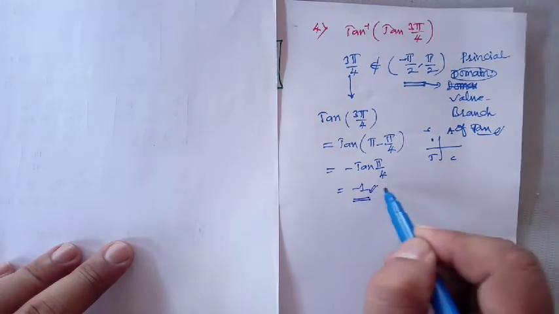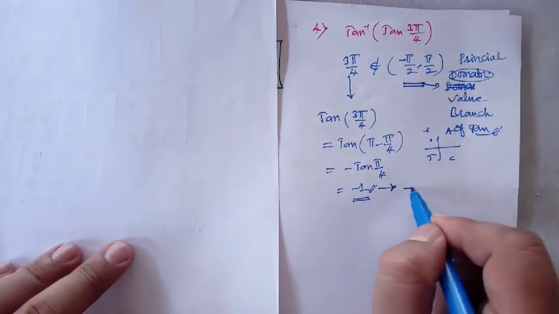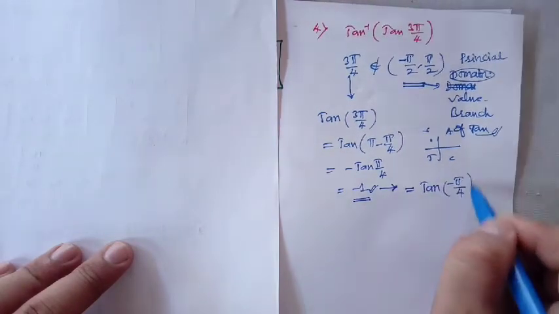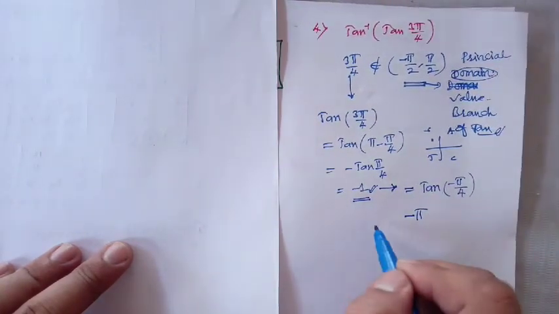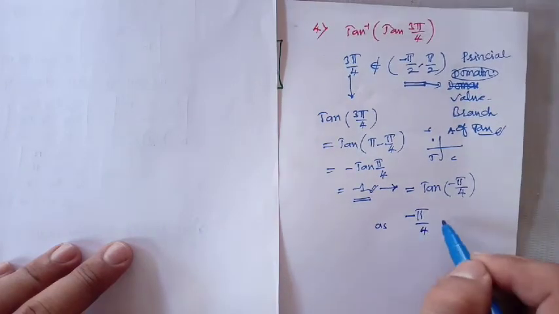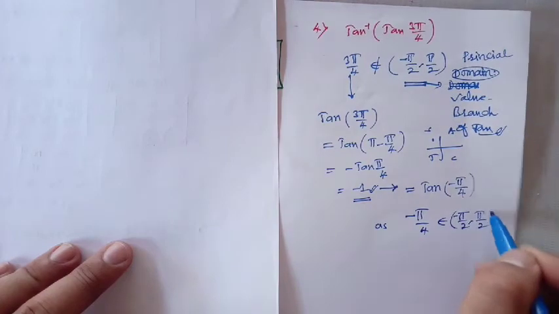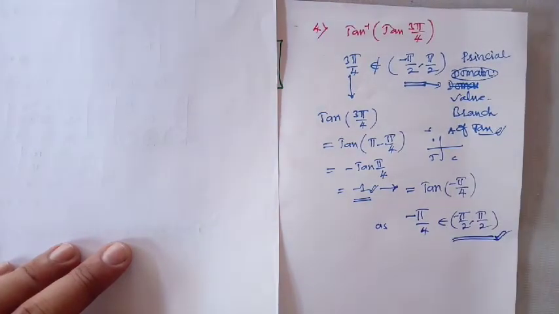This minus 1 value will be equivalent to tan of minus pi by 4, as minus pi by 4 belongs to minus pi by 2 to plus pi by 2.